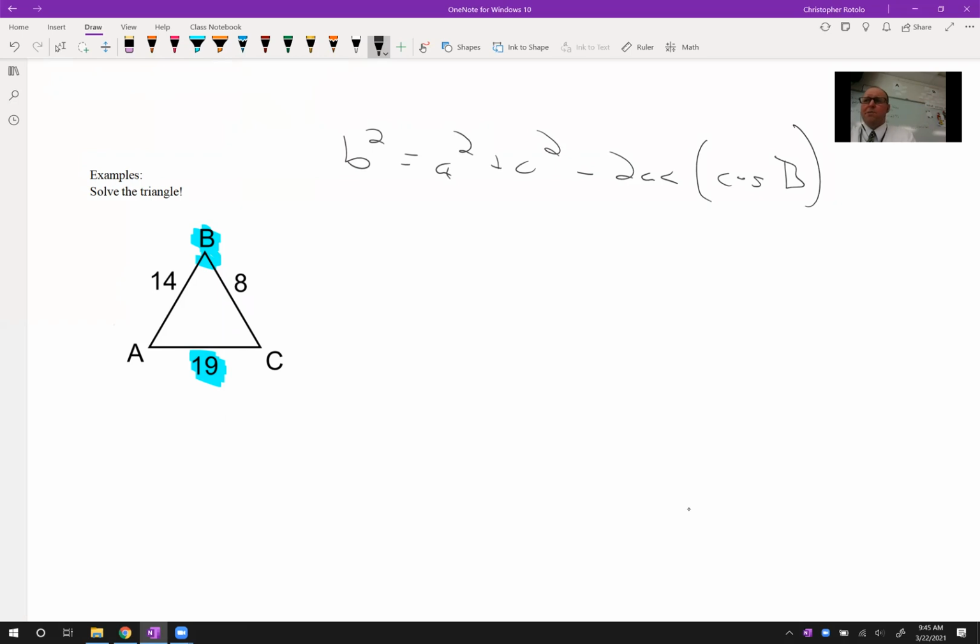So I can start to plug in some numbers as I go. I get 19 squared equals 8 squared plus 14 squared minus 2 times 8 times 14 times cosine of B, which is the thing I don't know.